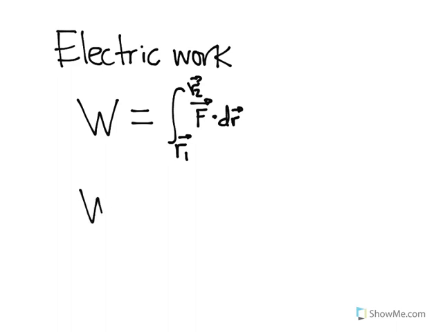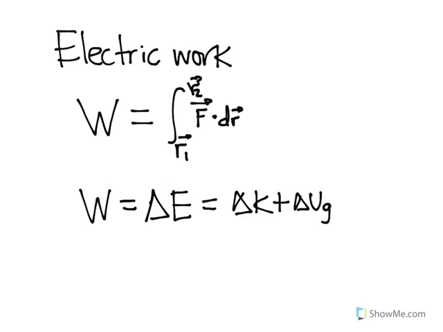But work is also a change in the energy of the system, such that previously we have stated that the work equals the change in kinetic energy, the change in potential gravitational energy, the change in potential elastic energy.